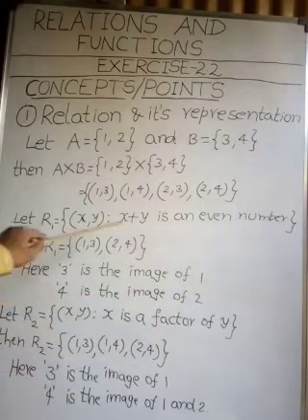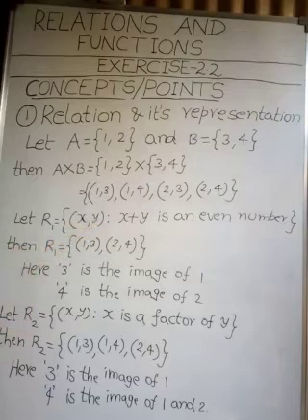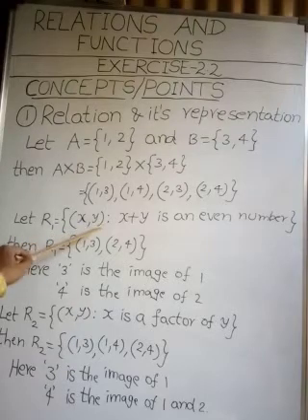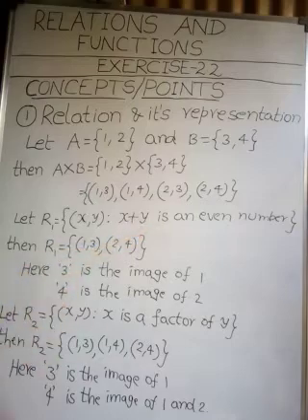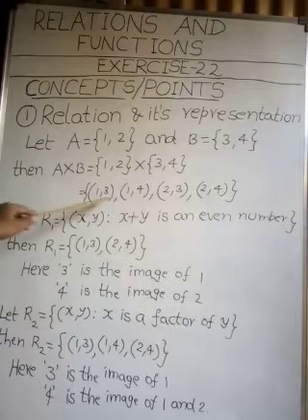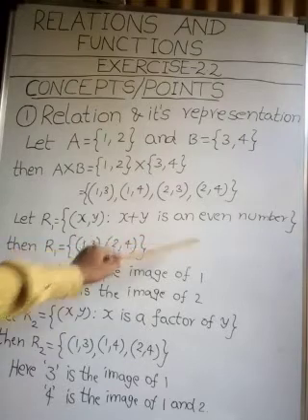Here we defined a relation between the first element and the second element of the ordered pairs. What is the relationship between first and second elements of the ordered pairs? x plus y. The sum of the two numbers in the ordered pairs should be an even number. So here in these ordered pairs we have to check which ordered pairs satisfy this relationship.